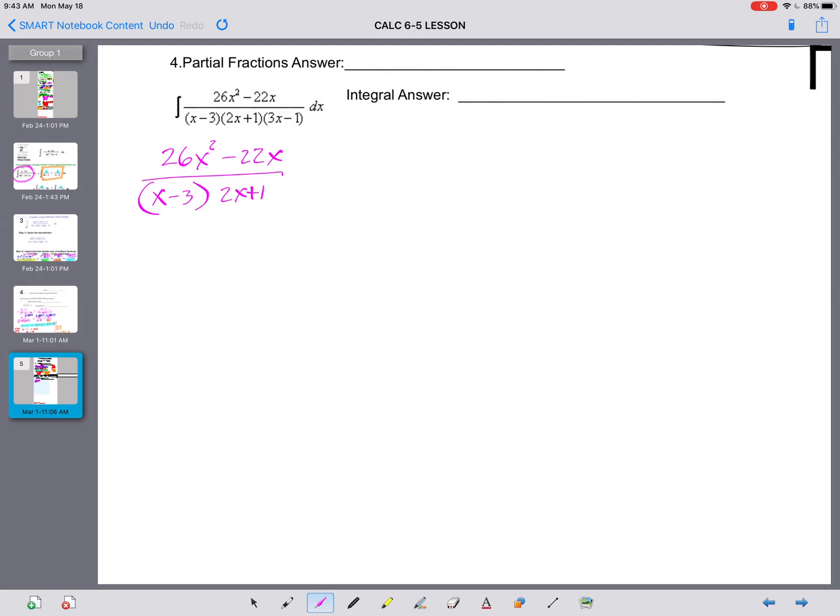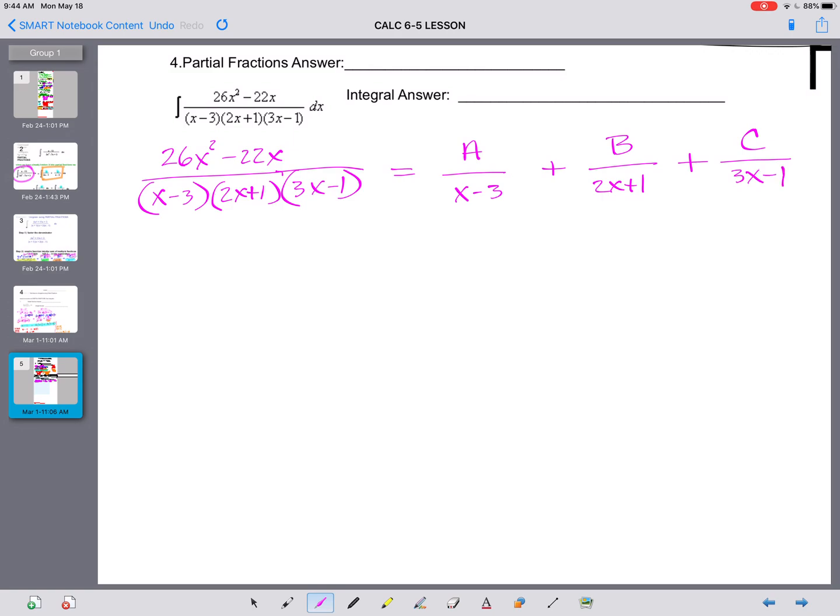There are the 3 factors. Now, the next step is to write it as the sum of 3 fractions. We'll put A over the first factor, x minus 3, B over the second factor, 2x plus 1, C over the third factor, 3x minus 1.